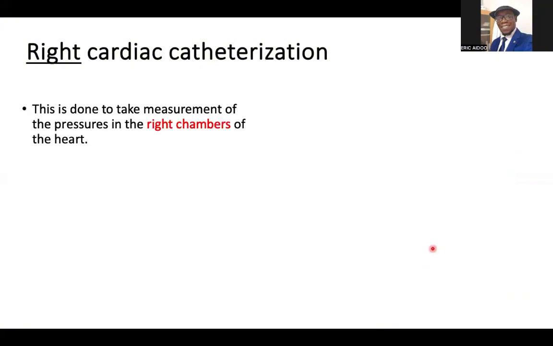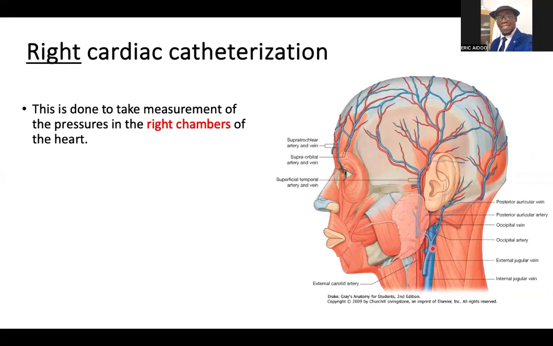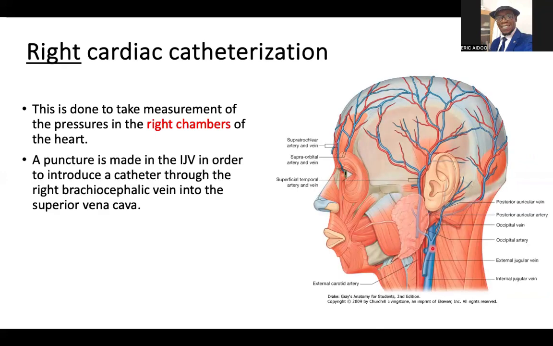And you also have the right cardiac catheterization. This is done to take measurement of the pressures in the right chambers of the heart. So a puncture is made in the internal jugular vein, like this one, in order to introduce a catheter through the right brachiocephalic vein into the superior vena cava. So it means that you're moving inferiorly from here, you go down.